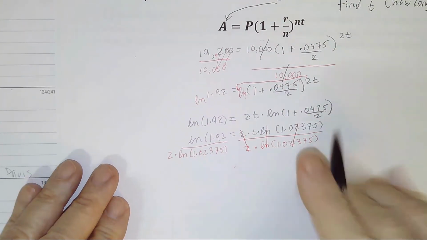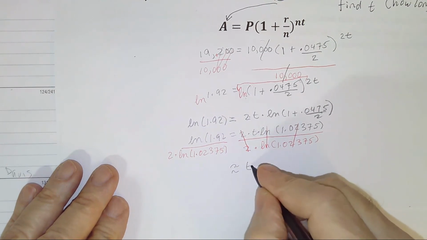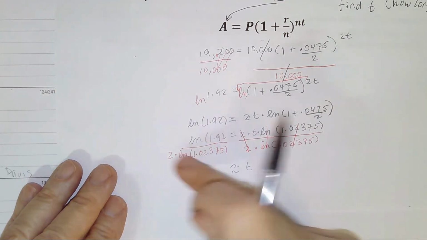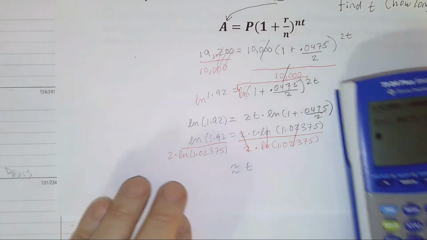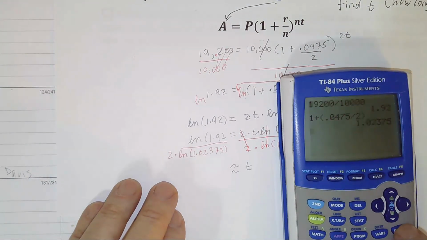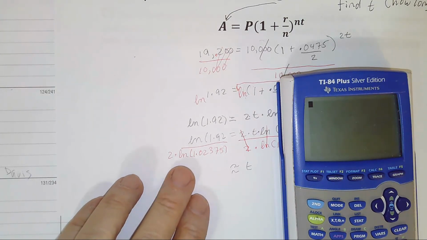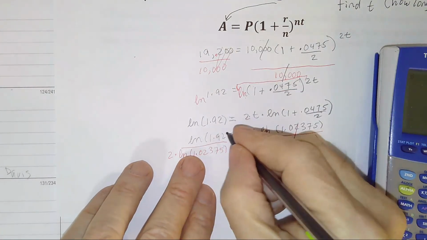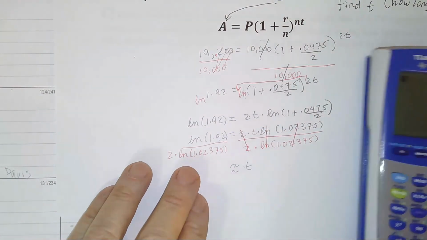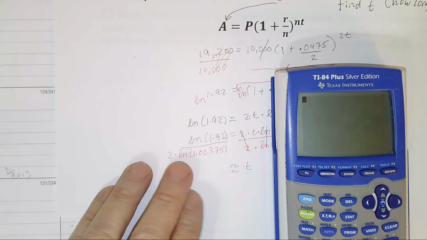So I'm going to now figure out what this is by putting it all into the calculator. Hit clear. All right. So in the numerator, I just have the natural log of 1.92, and then the division sign, and then down here I'm going to have to put this stuff in parentheses in the denominator.